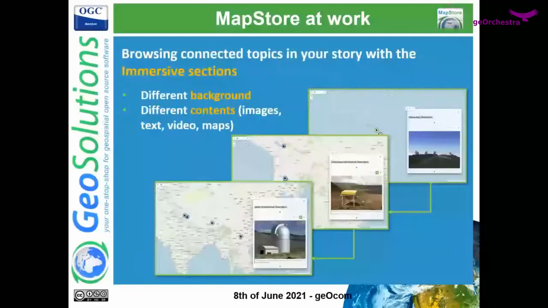You can also configure immersive sections, I mean connecting different topics in your story, defining different backgrounds and different media contents, in order to give the end user an immersive experience.